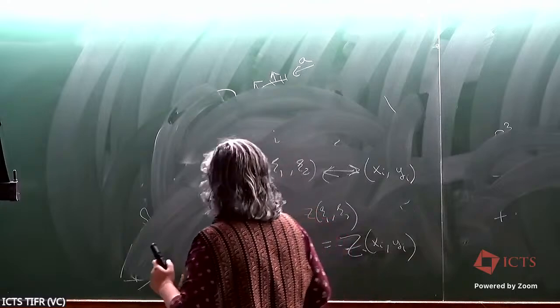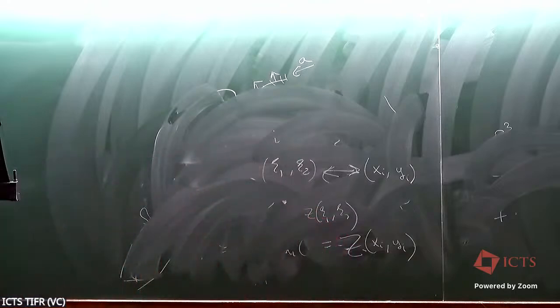Right? So that's what we can do. And then I want to write xi, yi in terms of my xy. So again via zeta 1, zeta 2, I can find the change of coordinates, which gives me xi, yi in terms of xy. So I have again a decomposition of the height function like this.